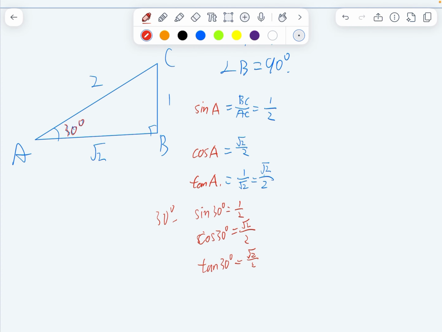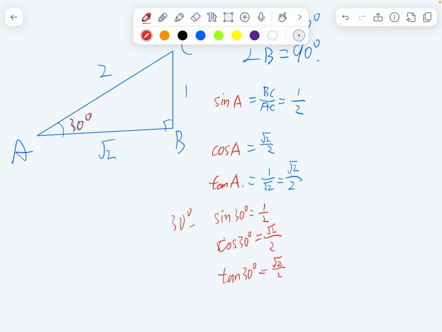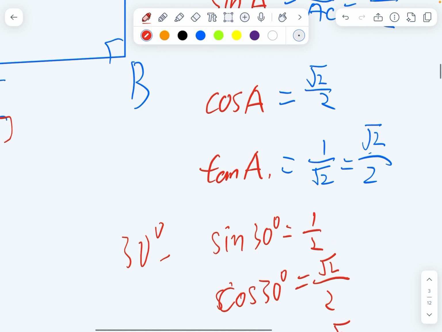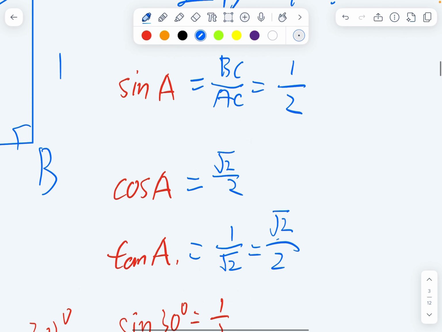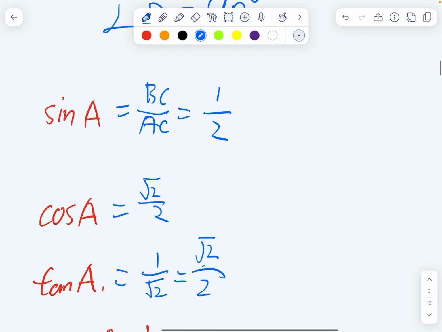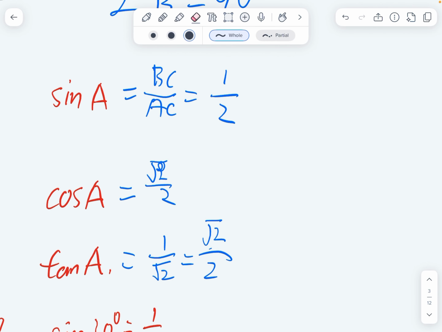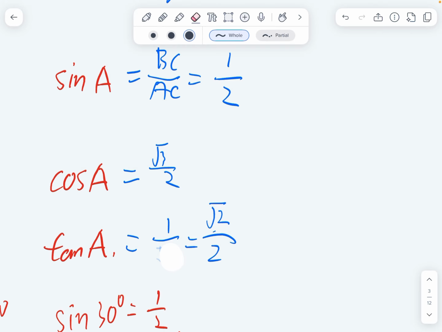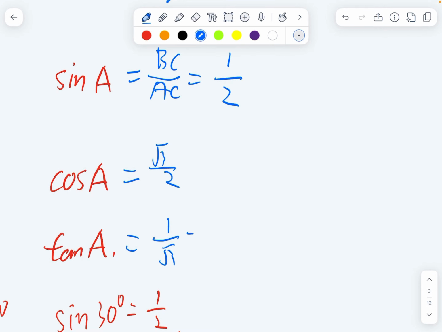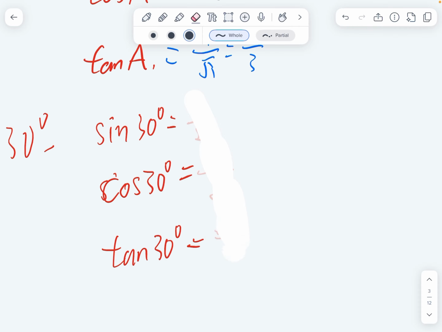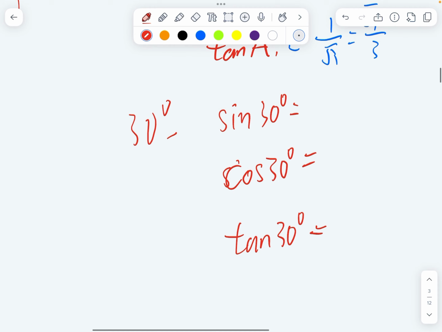No, wait, this side is 3. Let's correct that.